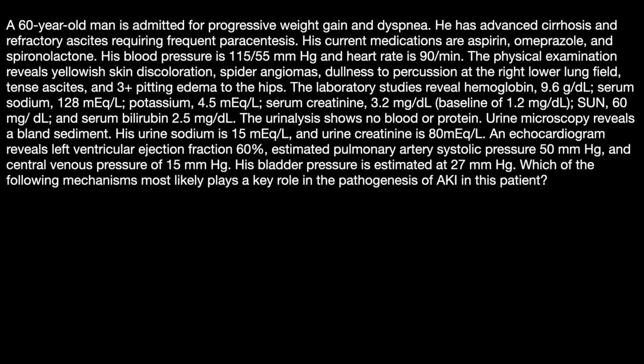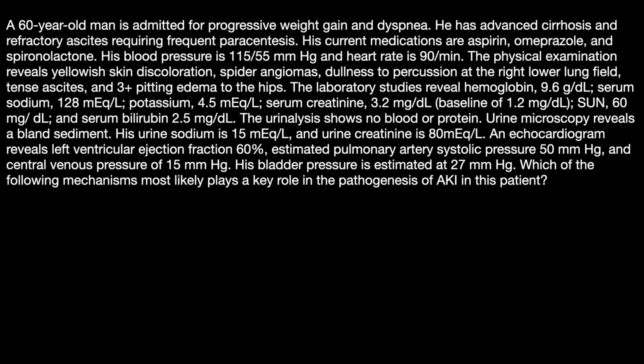The lab studies show a hemoglobin of 9.6, serum sodium 128, potassium 4.5, creatinine 3.2, which is elevated. The baseline was 1.2. Urea nitrogen is 60, the bilirubin is 2.5. Urine analysis shows no blood or protein. Urine microscopy reveals bland sediment.